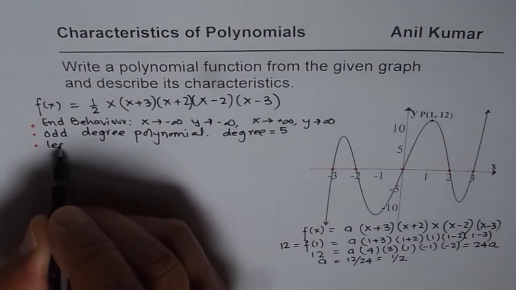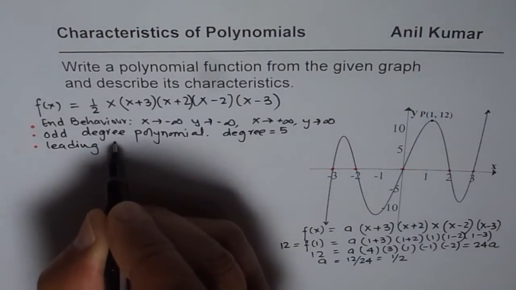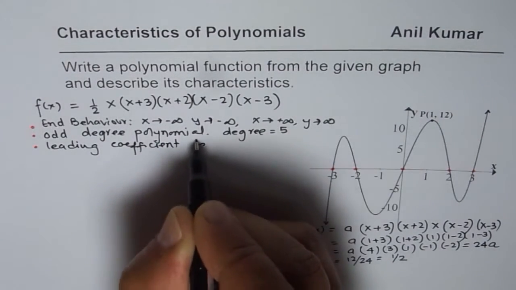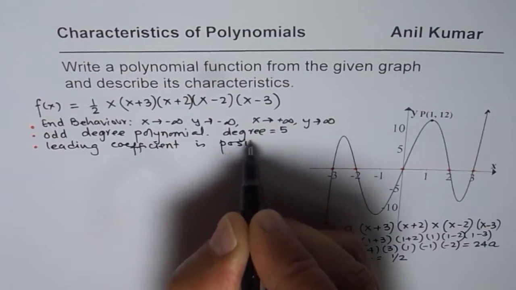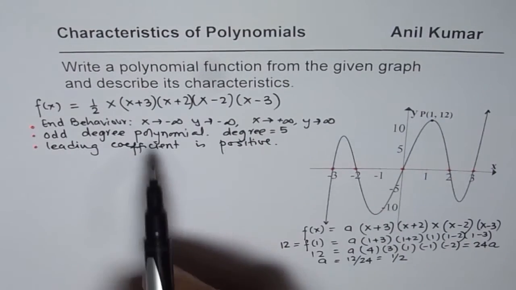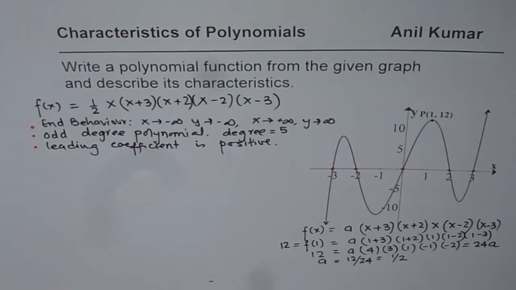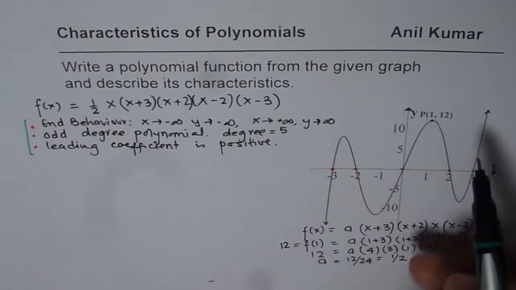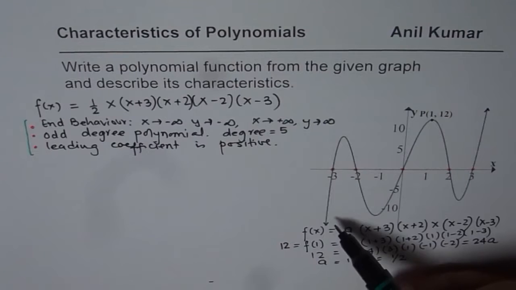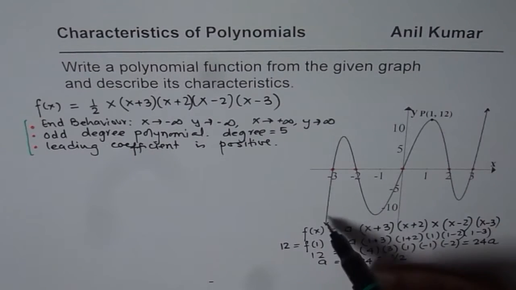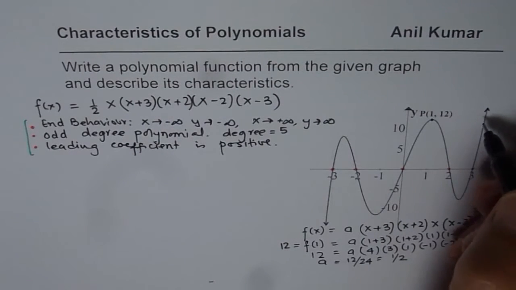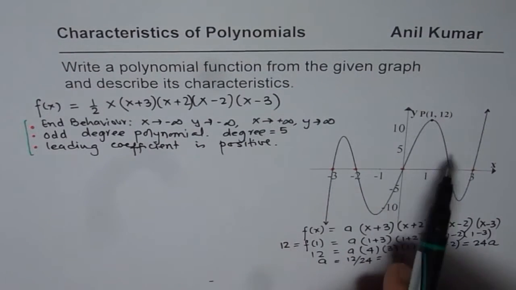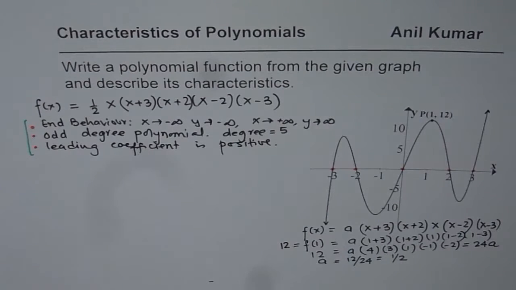So we can write leading coefficient is positive. I have purposely given you these three to begin with because from the graph itself you can read the end behavior, the degree since it is opposite ends, and right side up means the leading coefficient is positive.